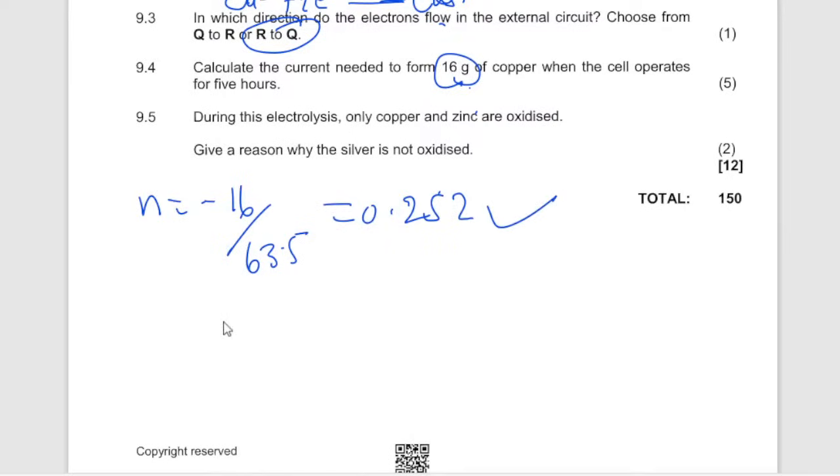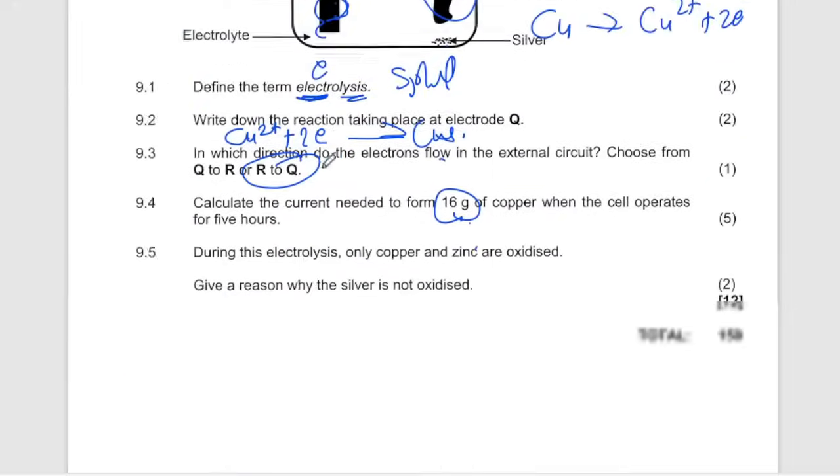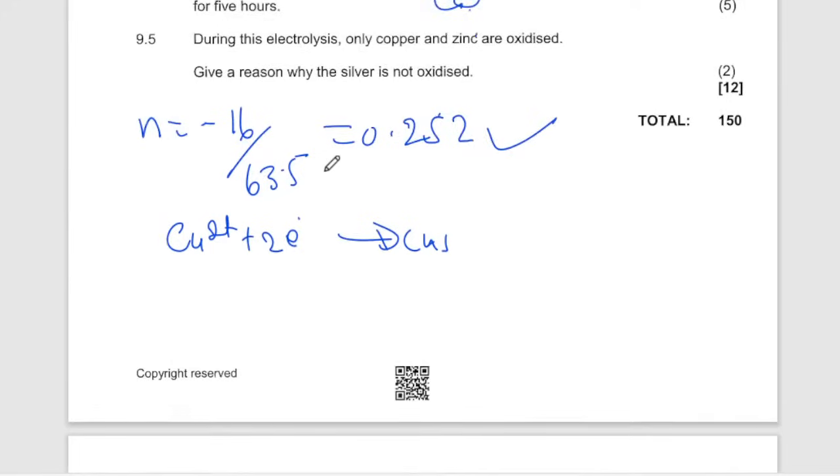Then I need to know how many electrons are involved, so we convert these moles into moles of electrons. Copper 2 ions plus 2 electrons gives me copper solid, so that it is deposited in here. Each 1 mole of copper requires 2 electrons.